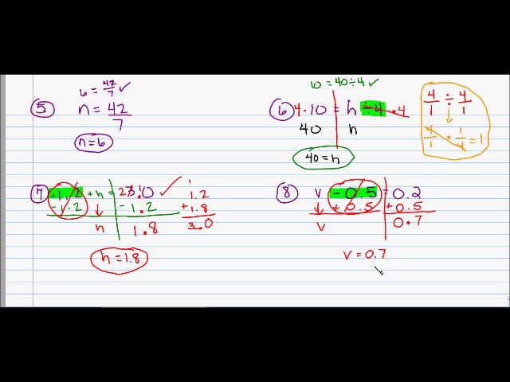Let's go back and check it. I'm going to plug my 7/10 in for v. So 7/10 minus 5/10. 7 minus 5 is 2. Bring my decimal straight down, and 0 minus 0 is 0. So I'm going to circle my answer knowing it is correct.